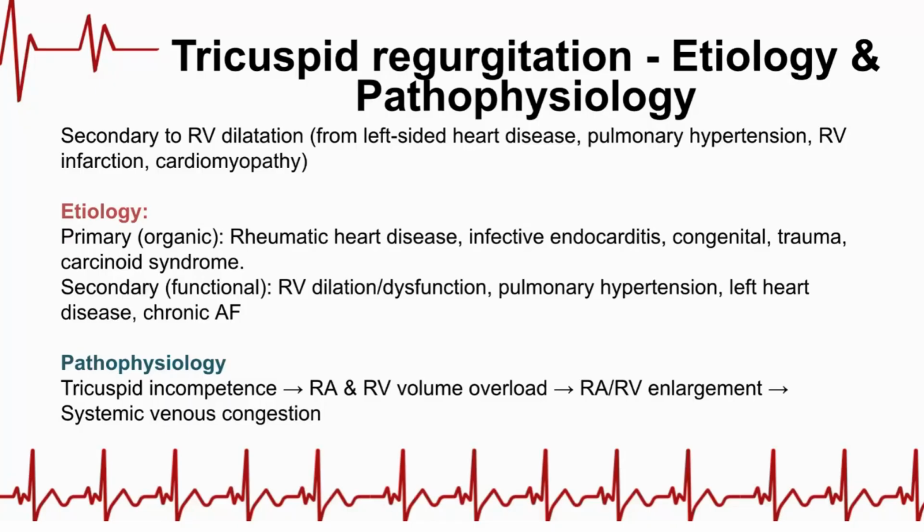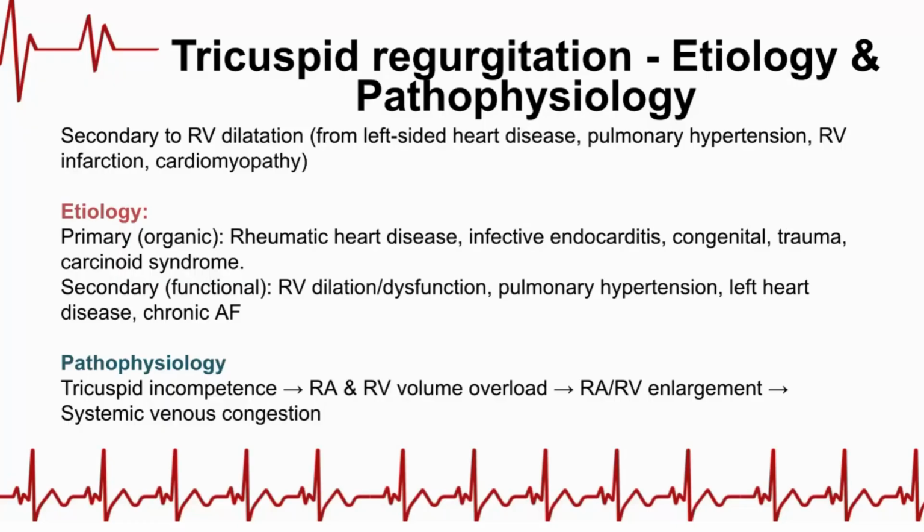In terms of etiology, we have primary organic causes and secondary functional causes. Organic causes are mainly the ones that solitarily affect the tricuspid valve: rheumatic heart disease, infective endocarditis, congenital problems, trauma to the heart.